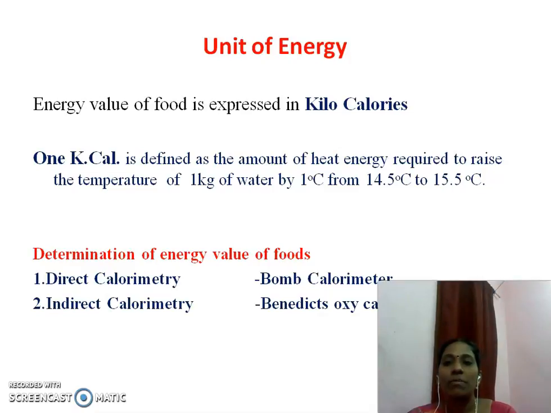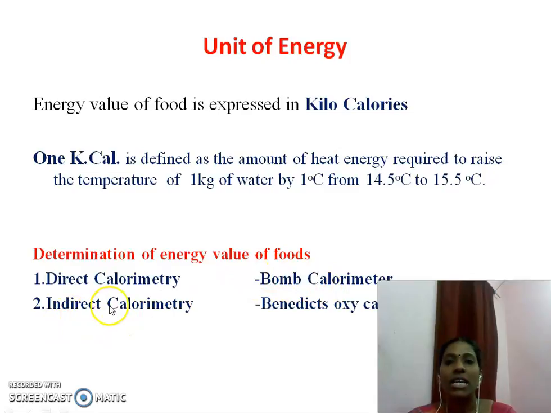There are two different calorimetric methods which are used to determine the energy value of food. One is direct calorimetry and another one is indirect calorimetry. In direct calorimetry, the instrument used is the bomb calorimeter. This bomb calorimeter works on the principle of direct calorimetry. This will help to determine the energy value of foods.